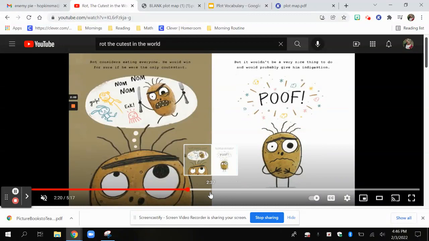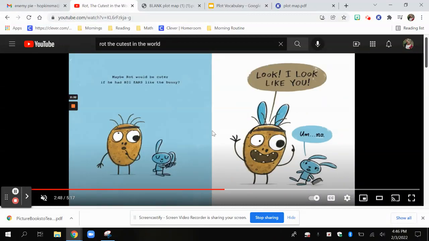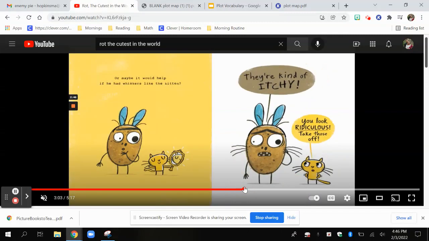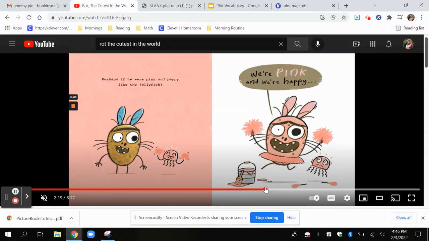Poof. Maybe Rot would be cuter if he had big ears like the bunny. Look, I look like you. No. Or maybe it would help if he had whiskers like the kitten. They're kind of itchy. You look ridiculous. Take those off.